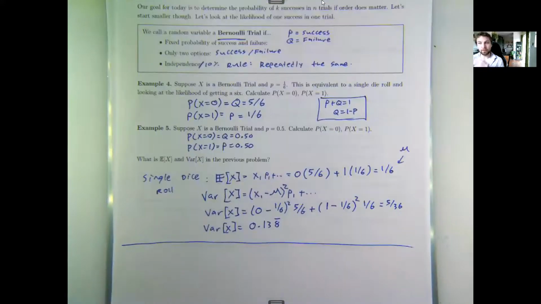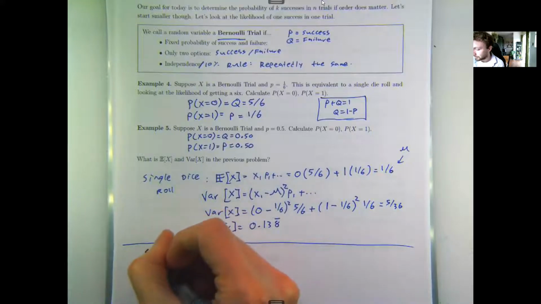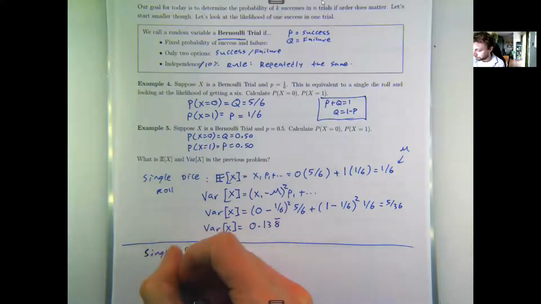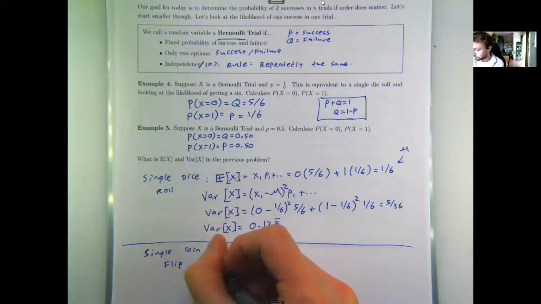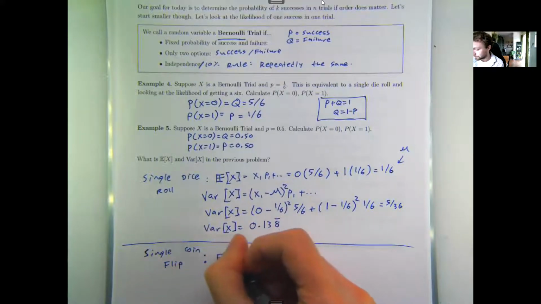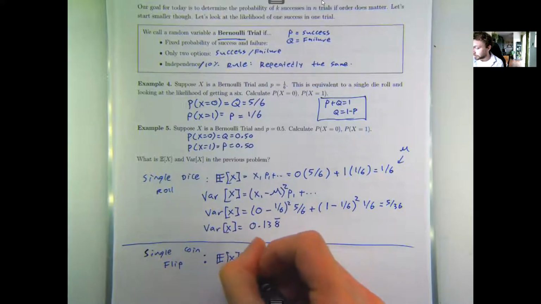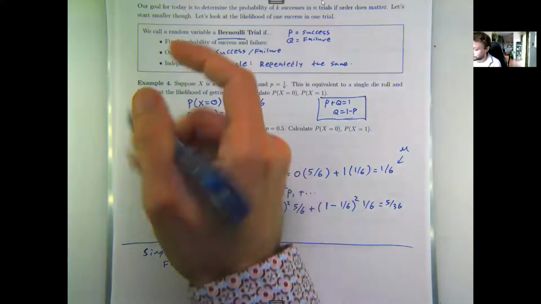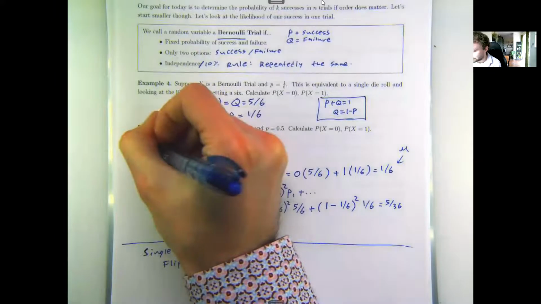I'm trying to understand sort of these base pieces before blowing this thing up. Let's look at a single coin flip. I'll start with the expected value here. So looking at this coin flip, heads and tails, 50% chance of each.